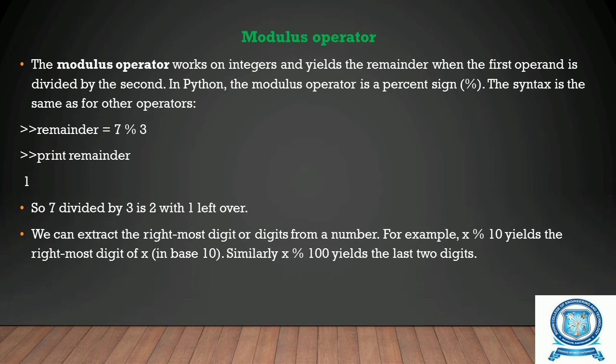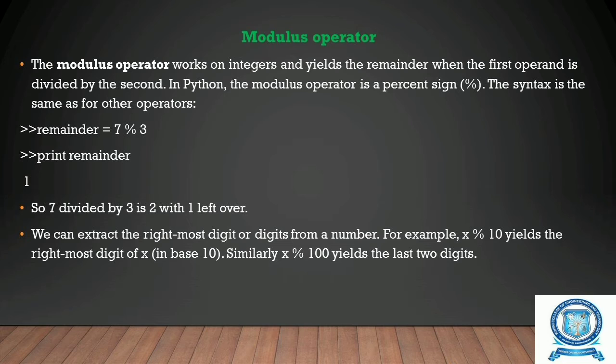In Python the modulus operator is the percent sign. The syntax is the same as other operations, like remainder equal to 7 modulo 3. When we divide 7 and 3, we will get the remainder as 1.